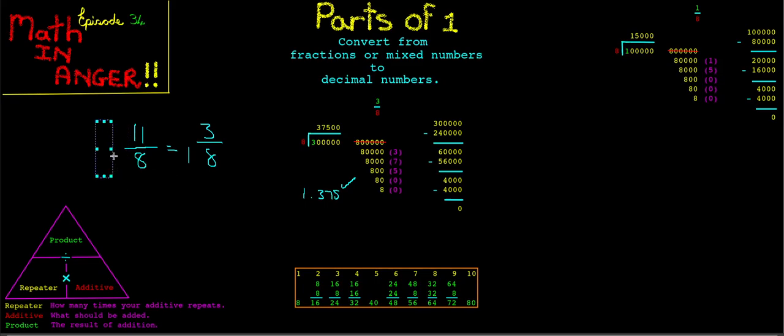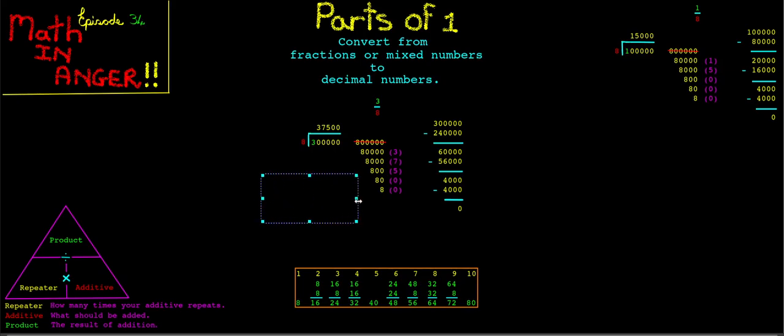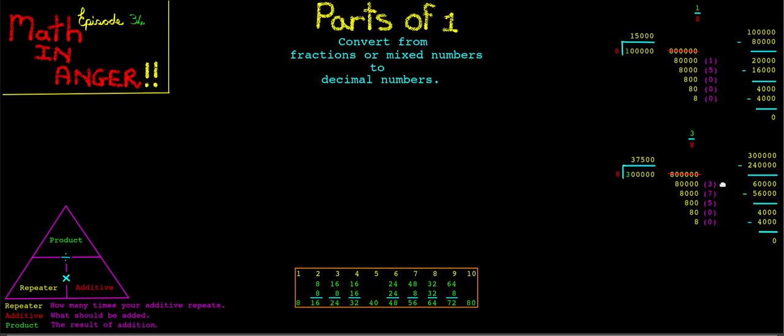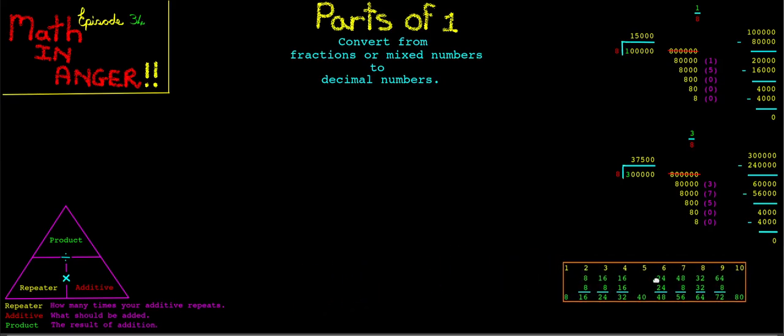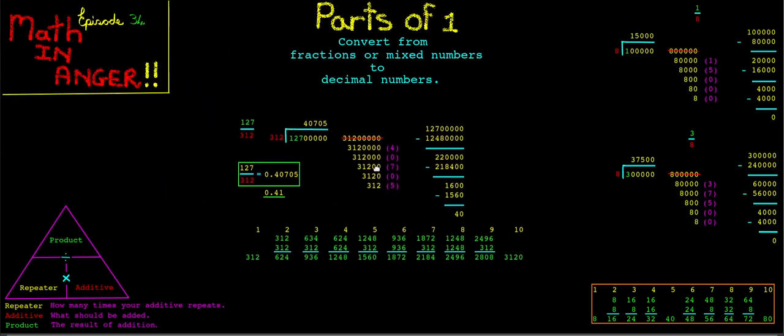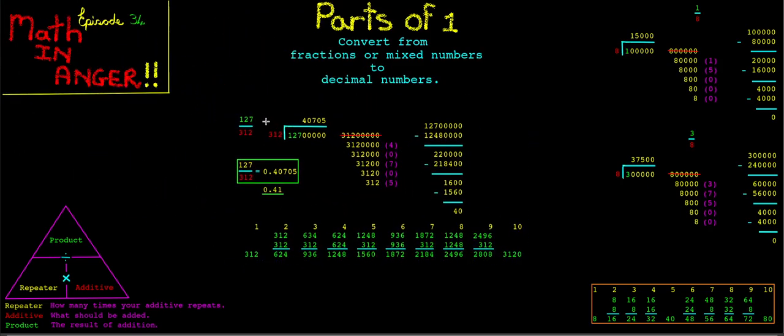Then let's take a look at something that is a little bit more real world, a little bit more annoying and frustrating for some of us. Let's put that over there and this over here, and let me fetch an example. Here we have 127/312.